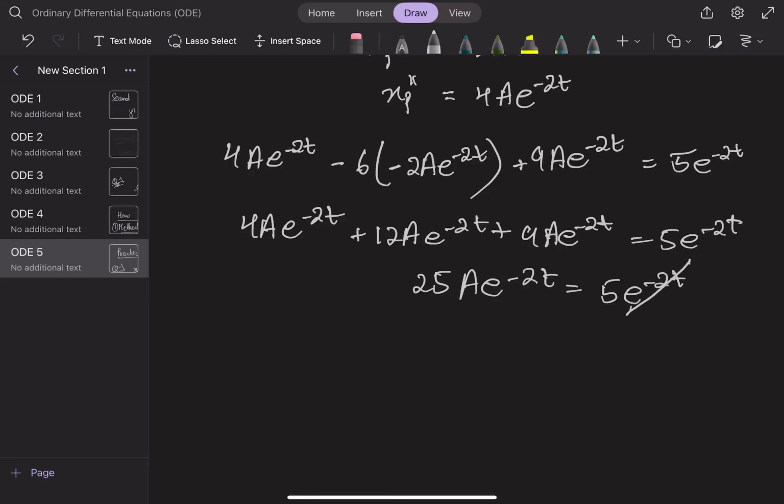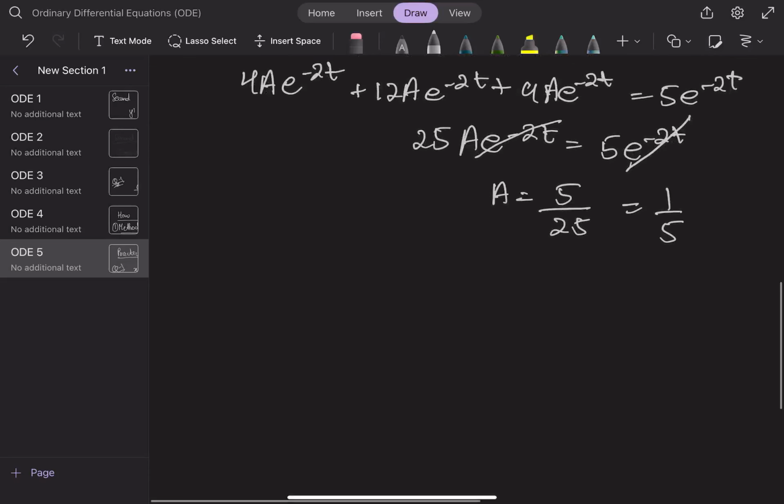So you can cancel out this. So a is equal to 5 divided by 25, which is 1 by 5. So your xp becomes 1 by 5 e raised to minus 2t.